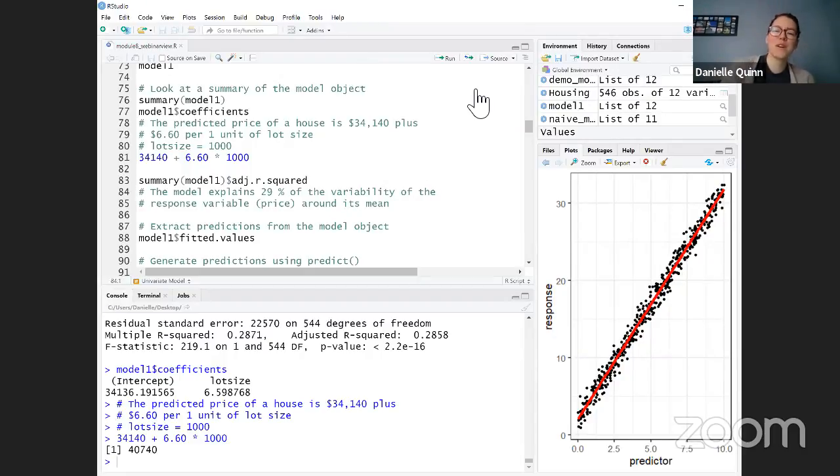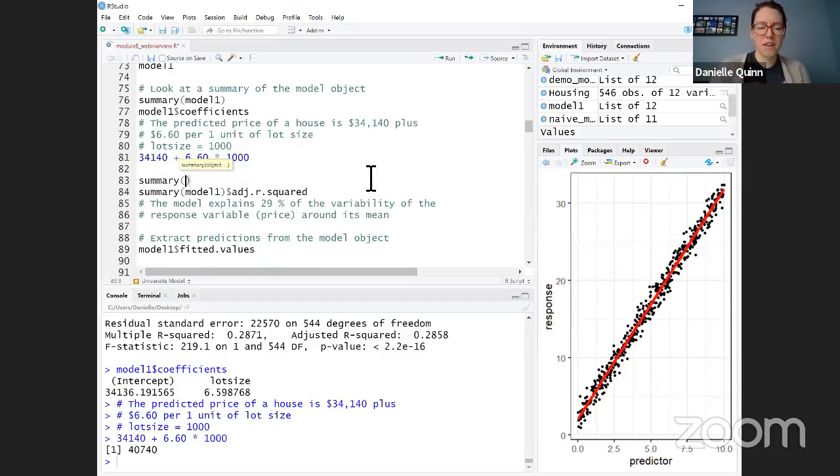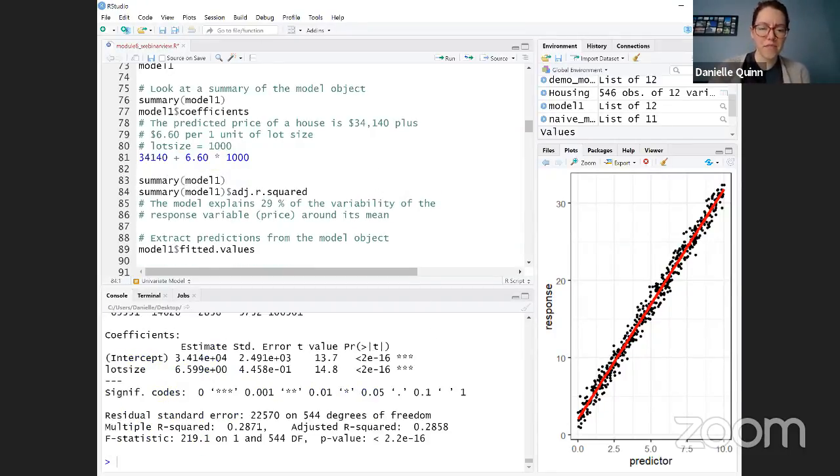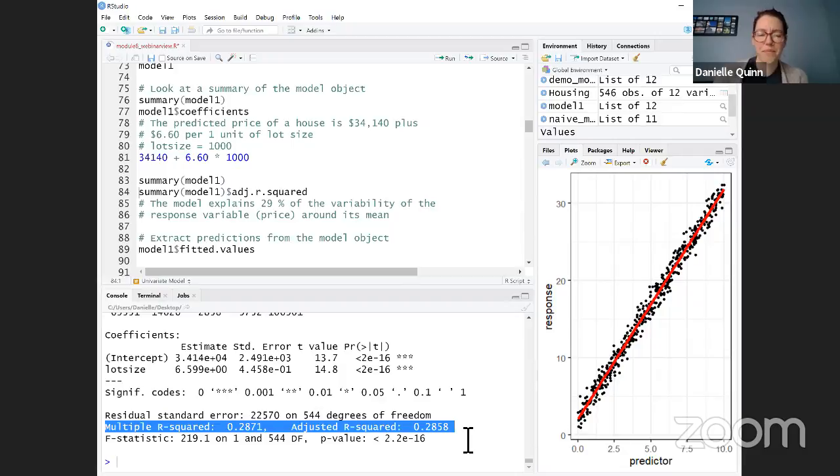If we want to look at our R squared, remember that value goes from 0 to 1 and tells us how much of the variability is explained by the model. We can get this information from the summary of Model 1, where it is reported down here at the bottom.